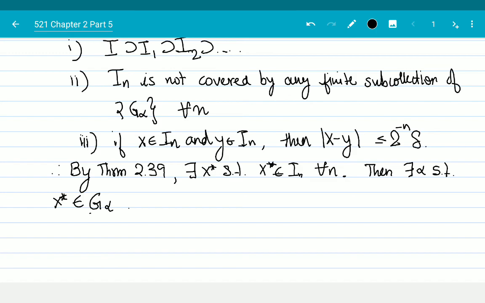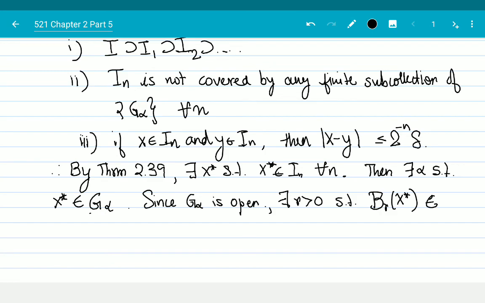Since G alpha is open, there exists some r greater than 0 such that the ball of radius r centered at x star, B r of x star, is contained in G alpha, right?